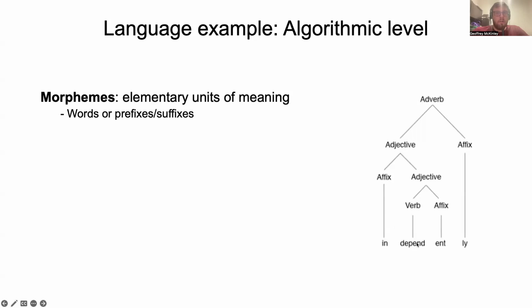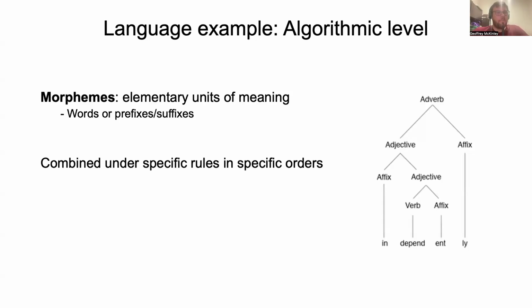"Depend" would be a morpheme. "Ent" would also be a morpheme, and "ly" would also be a morpheme, because "independent," for example, means one thing, but when you add "ly," it turns it into, I think, an adverb, and so it's that sound that changes the meaning, so it's a meaningful unit of sound.